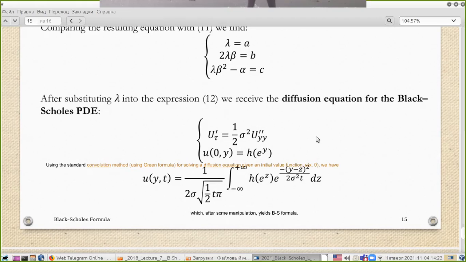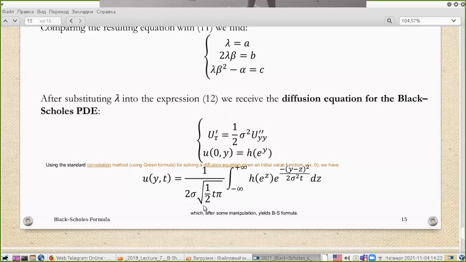So using the standard convolution method and initial values, we have that the solution of this we can write in the form u from y and t equals this coefficient times the integral of function h, multiplied by e to the power you see, dz.